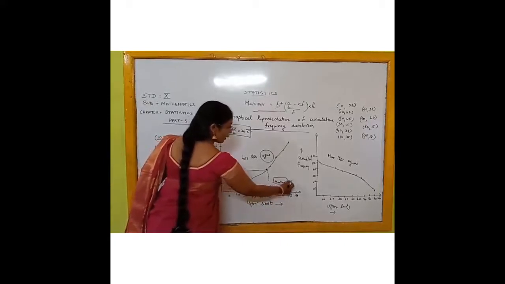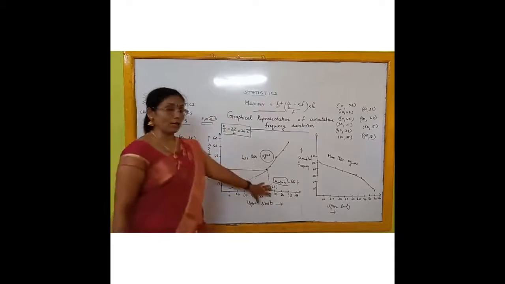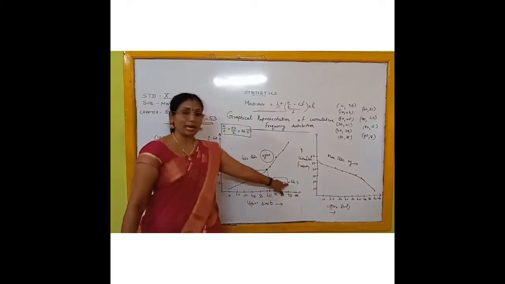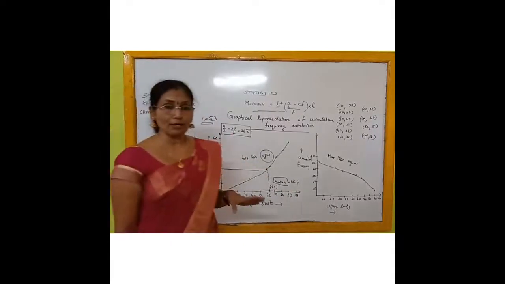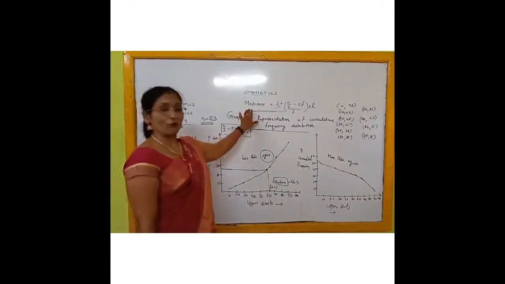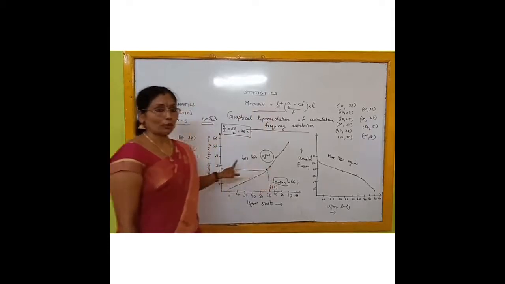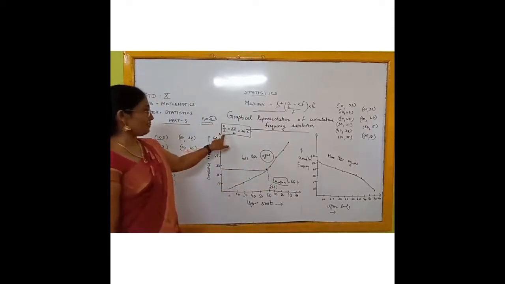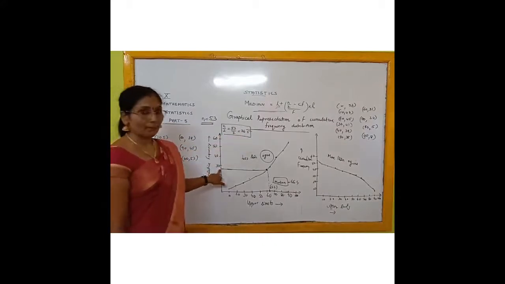When you do the sum on graph paper, you are going to get the answer as 66.4, and this 66.4 you have already got from the median formula also. The same answer you get from the graph. So what you should do is take the n by 2 value, and find on the cumulative frequency axis where that n by 2 value is.